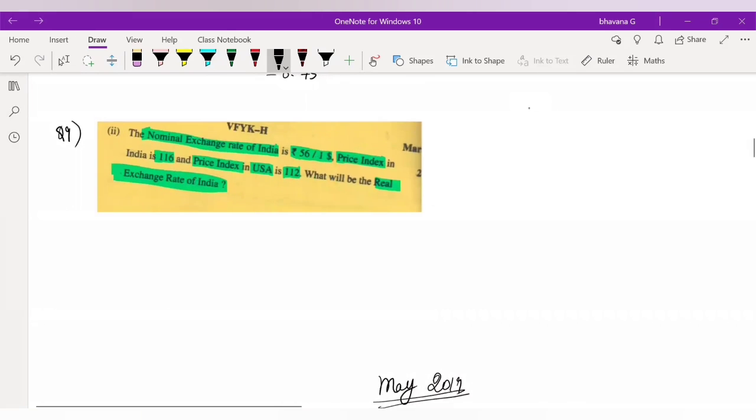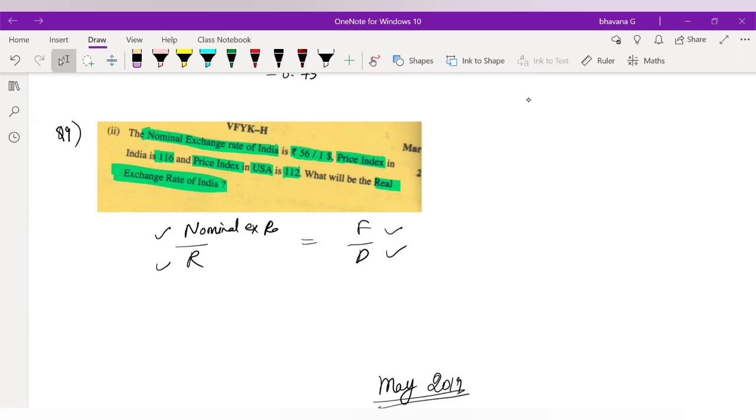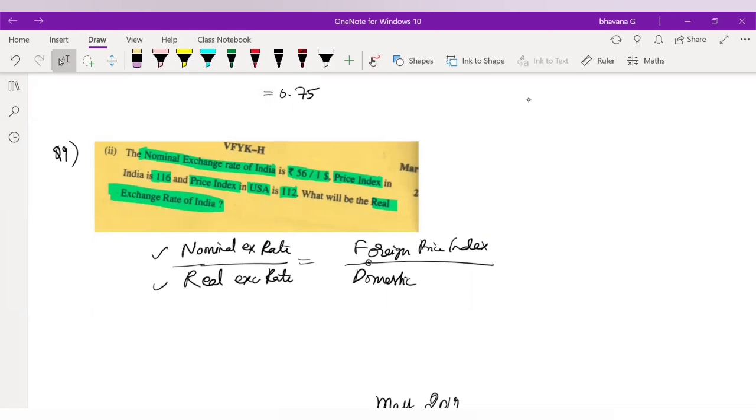So what will be the formula for this? You have to remember this formula: N by R equals F by D. How will you remember this formula? Non-resident has a FD. Here N is your nominal exchange rate, R is your real exchange rate, F is the foreign price index and D is the domestic price index.